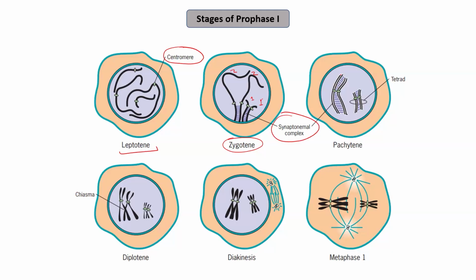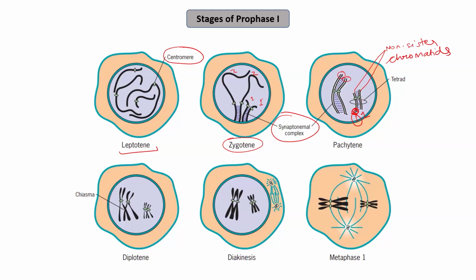That is, it has two sister chromatids. So these are the sister chromatids. These are again the sister chromatids, while this and this are the non-sister chromatids. So it consists of 4 arms, therefore it is a tetrad structure, and these two are the non-sister chromatids. This is chromosome 1, this is also chromosome 1, for example. These two are the sister chromatids.